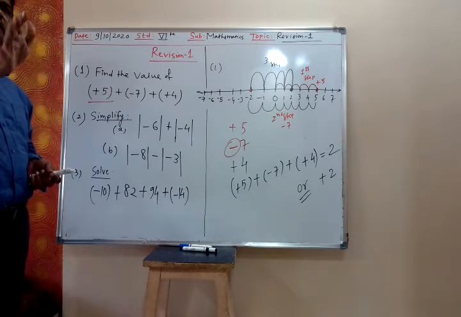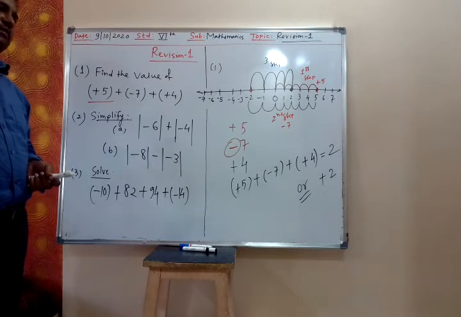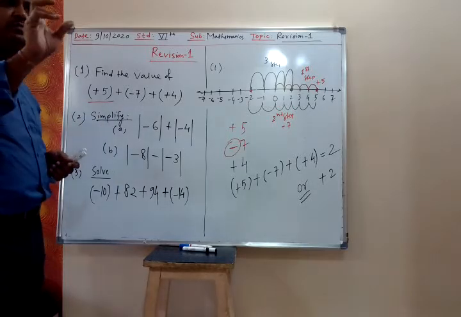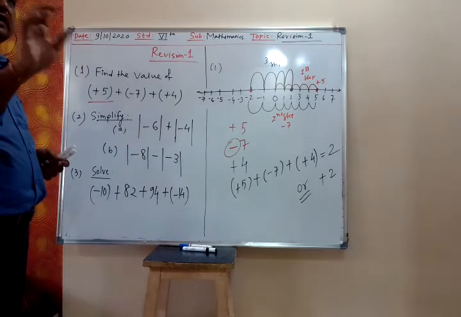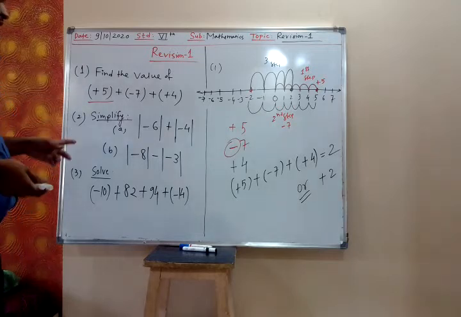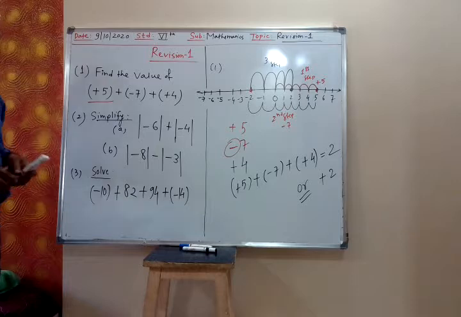If the number has a minus sign, you have to move or jump to the left. This you have to remember. Plus sign means jump or move to the right. Minus sign means jump or move to the left. So this was the first question. Now let us solve the second question.